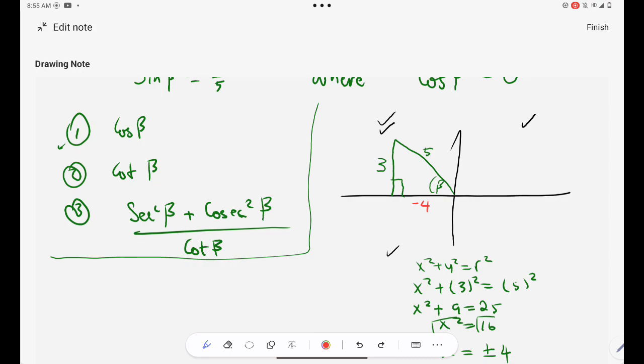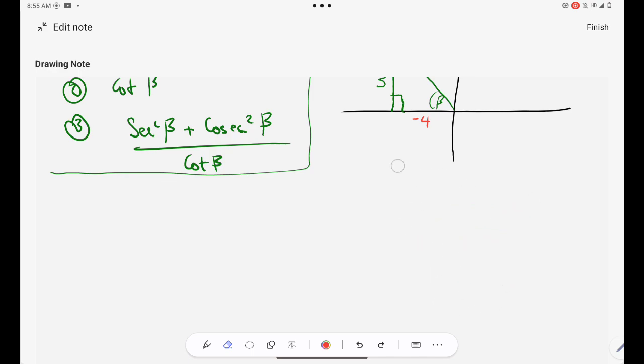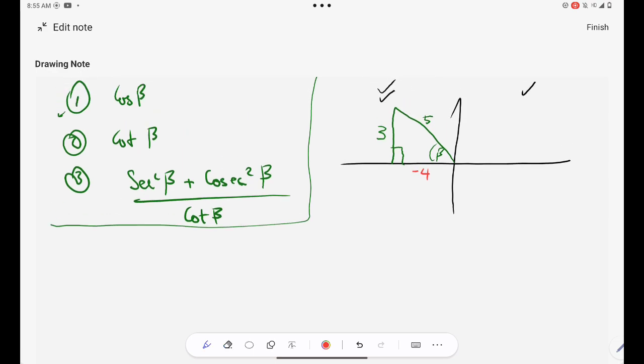Are you together? Because I now know that x is negative 4, y is 3, and r is 5. Please note, guys, that r will be forever positive. x is negative 4, y is 3, and r is 5.